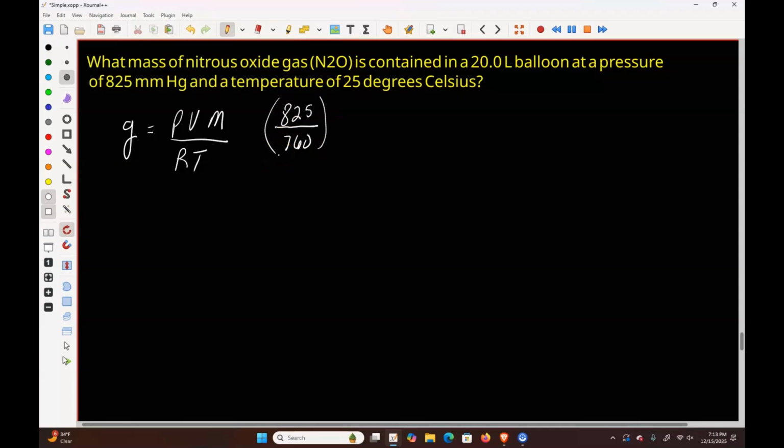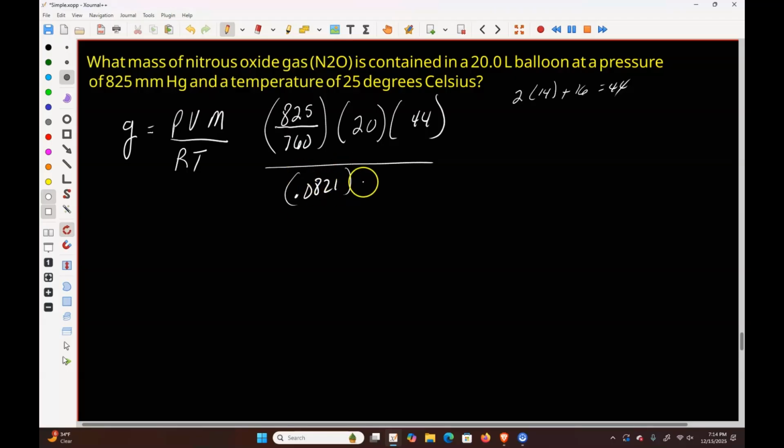So that will be my pressure in atm times my volume of 20 times my molar mass. Okay, so 2 times 14 plus 16, that's 44, over 0.0821 times the temperature of 25, so that's 298.